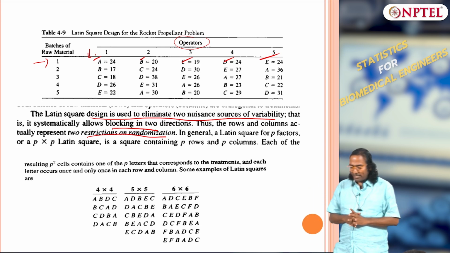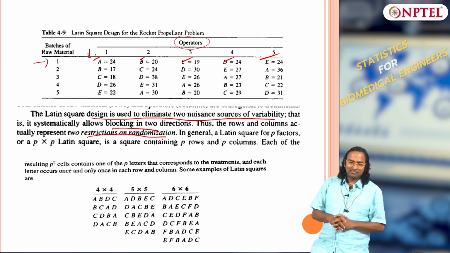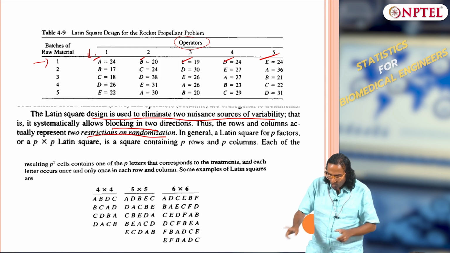Any reason why it is a square design? Why is it a square? I cannot have a non-square design here. Imagine if I have more rows, then what will happen?